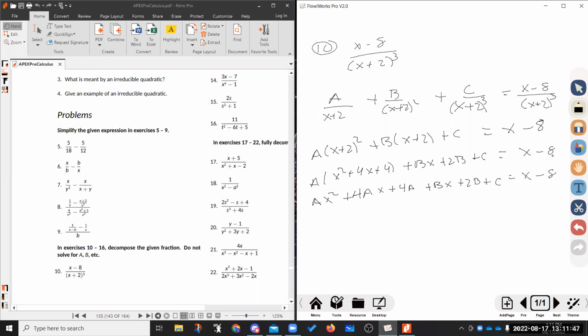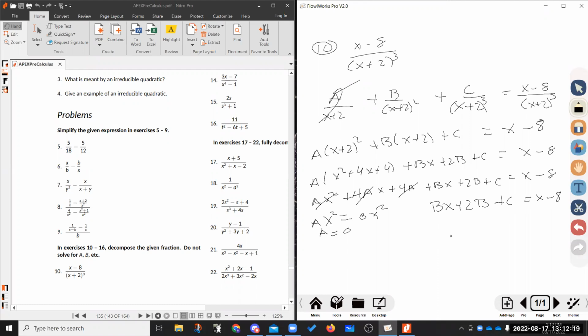So I'm going to look at my x squared terms. Ax squared is equal to 0 x squared on the right, so A has to be equal to 0. So everything with an A in it is 0, leaving me with Bx plus 2B plus C going to be equal to x minus 8.